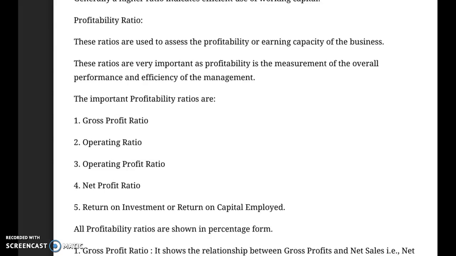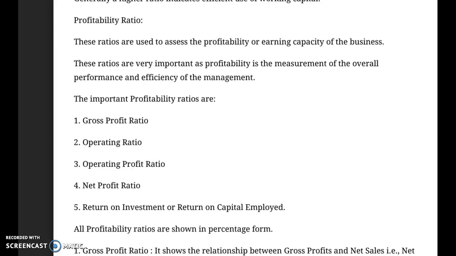Dear students, all the profitability ratios are generally expressed in the percentage form. As I shared with you, there are various ways in which ratios can be expressed, starting from the simple or pure form, then the very important times form, then the fraction form, and then the percentage form.